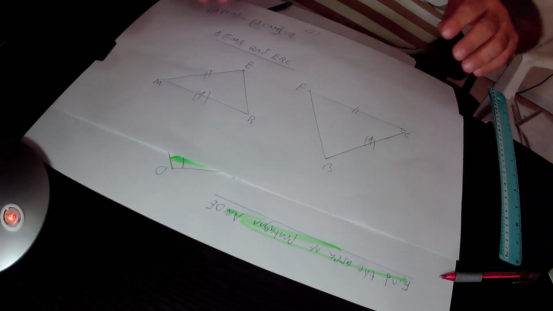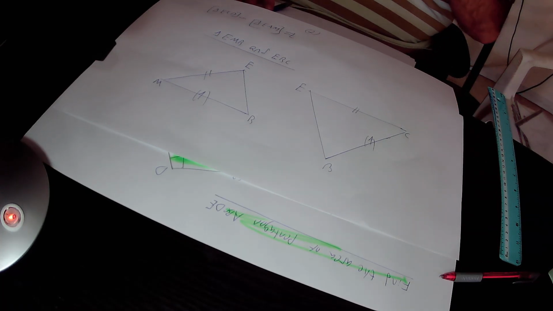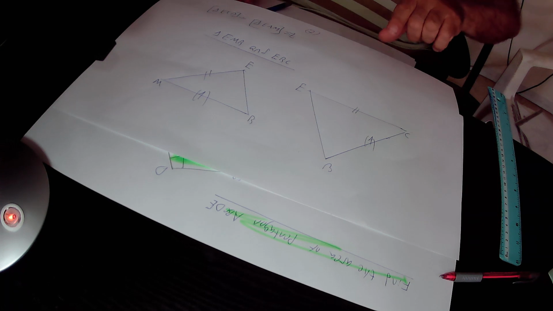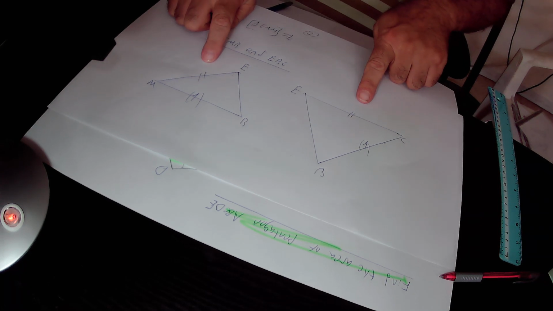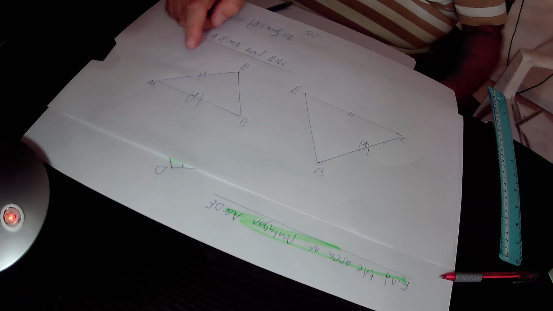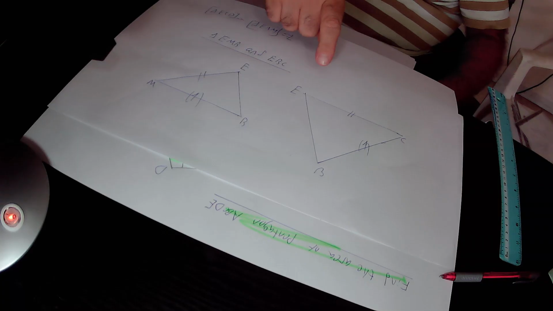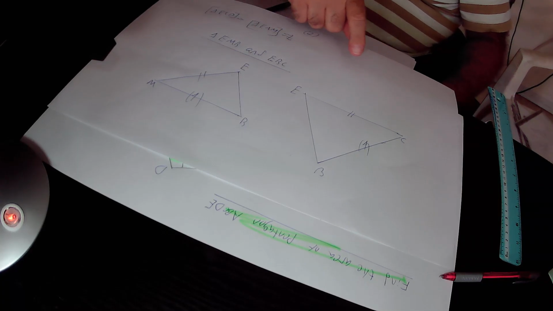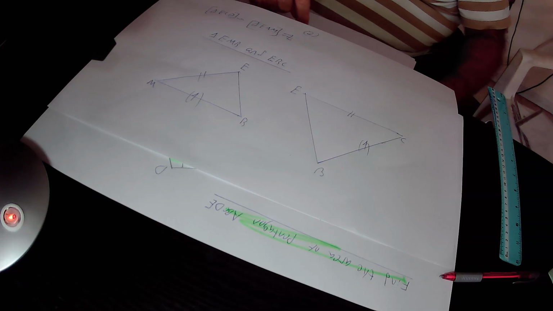So why can those two triangles coincide with each other? First of all, we already found out that those two sides are equal to each other. That is to say, side EM of triangle EMB is equal to side EC of triangle EBC.